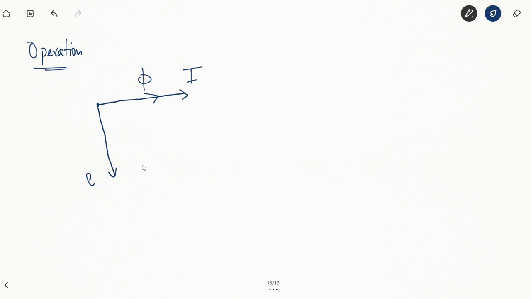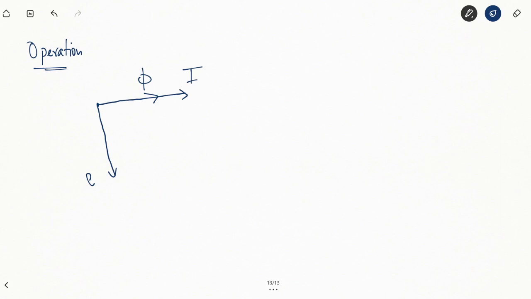Now what will be the current flowing through this moving coil? That will be dependent upon the value of the capacitance as well as the value of the inductance of the moving coil. There is a current capital I flowing through the magnetizing coil, and there is a current small i flowing through the moving coil.